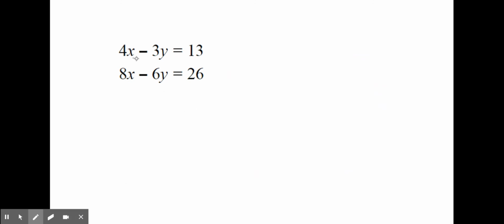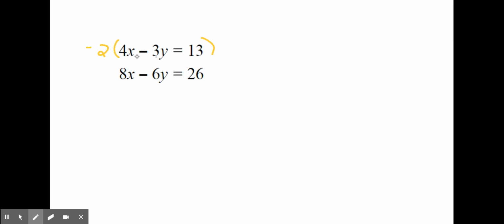The next system says 4x minus 3y equals 13 and 8x minus 6y equals 26. So I either want to make the x match or I want to make the y's match. Looks like I can multiply by 2 for both of them. They already have the same sign, so I'm going to multiply by -2 to get different signs.